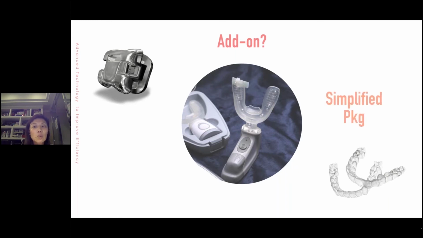So I have the simplified package and the complete package. With the simplified package, with the aligner system, usually there's no combination of the device together. It's simple, okay? You only use the aligner system. And with the complete package, especially in complex cases or with patients with more than 50 aligners, usually I will ask them to take the complete package.